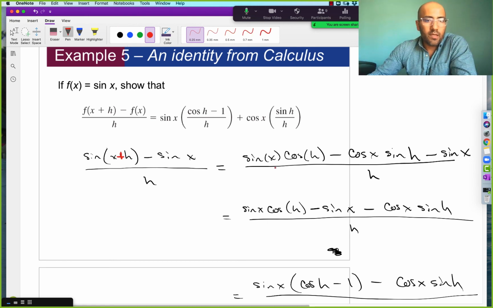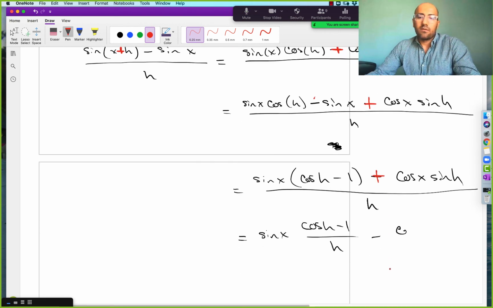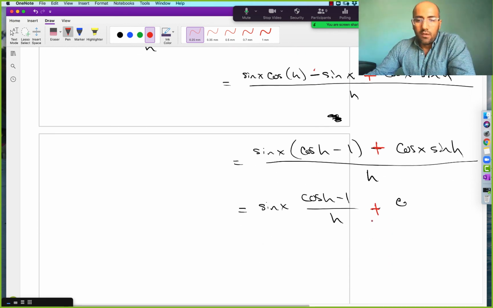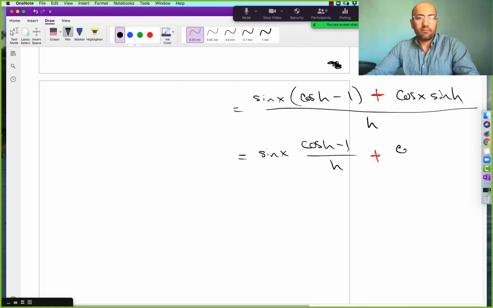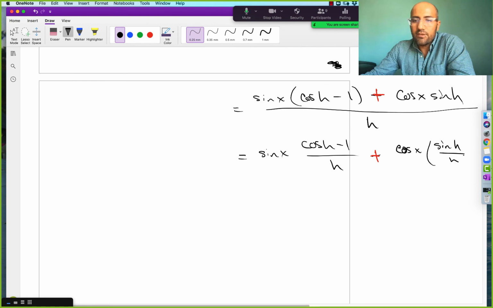This is a plus. The formula gives us a plus here. I don't know why I have a minus. Anyway, so this must be the plus, which means that there's a plus there. Okay? And it was cosine x times sine of h over h.